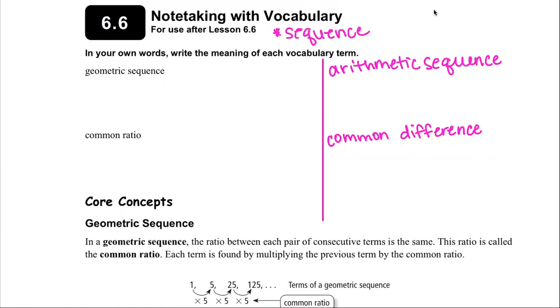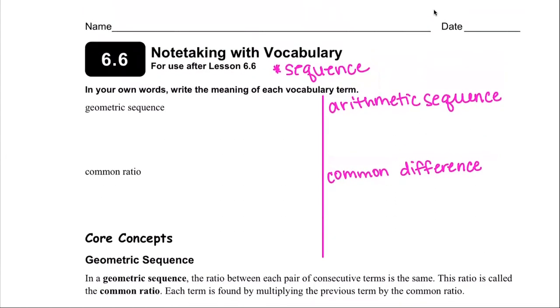Okay, so first of all, I want to go through what a sequence is. A sequence is a list of numbers that follow a pattern.